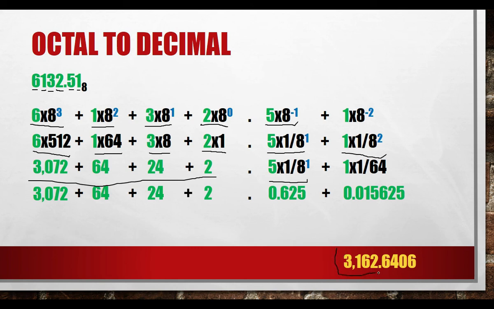This is now the equivalent of 6132.51, so this is now the decimal form. So 3162.6406 is the decimal.